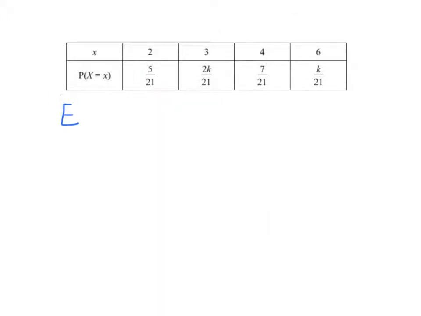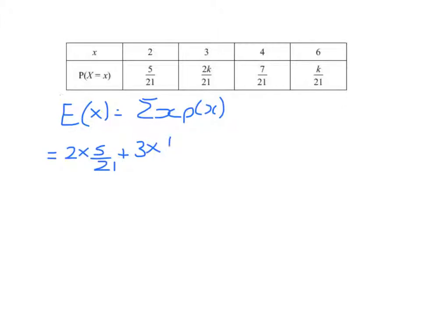Expectation of x is the sum of the x values times their probabilities. So 2 times 5 over 21 plus 3 times 2k, 6 over 21, plus 4 times 7 over 21, plus 6 times 3 over 21, which gives us 74 over 21.